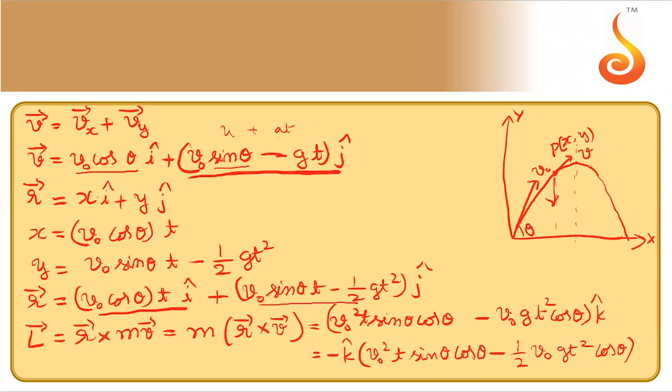Now what happens? This term and the first term get cancelled. So this will become plus, this is minus. So I'll write it at the top: L equals minus half v naught g t square cos theta into k cap. This is what you get. That is option D.